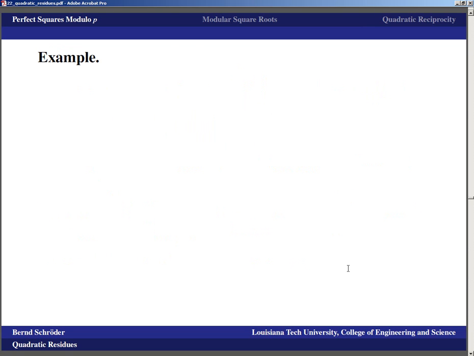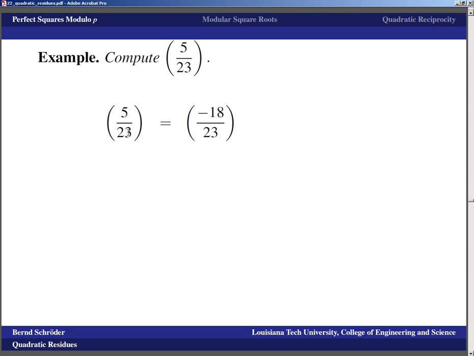Okay, for example now, if we are looking for the Legendre symbol of 5 modulo 23, well, we don't necessarily want to do the modular exponentiation. So the Legendre symbol of 5 over 23, well, 5 is negative 18 over 23, and whereas 5 doesn't have any factors because it's a prime number, 18 certainly does.